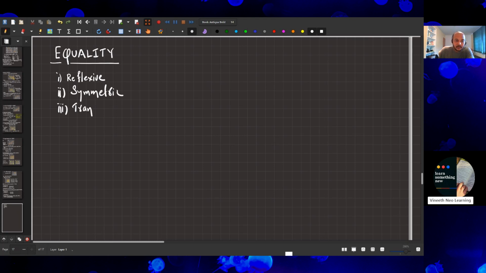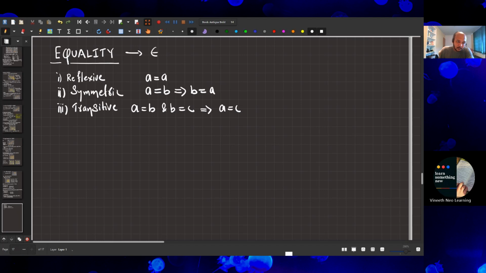Yes, equality is transitive because if A equals B and B equals C, then A equals C. Similarly, for reflexivity, A equals A, and for symmetry, if A equals B, then B equals A. This means that equality is an equivalence relation.